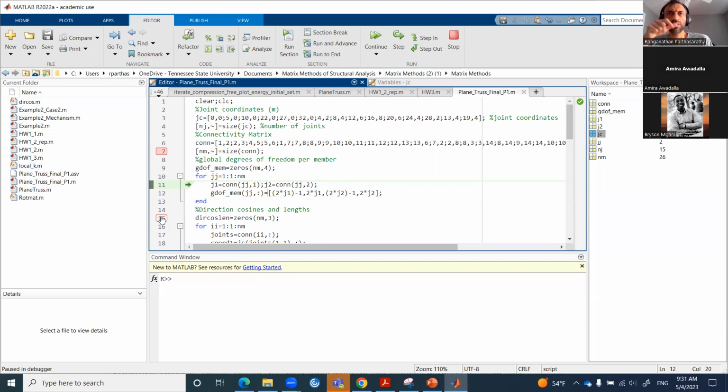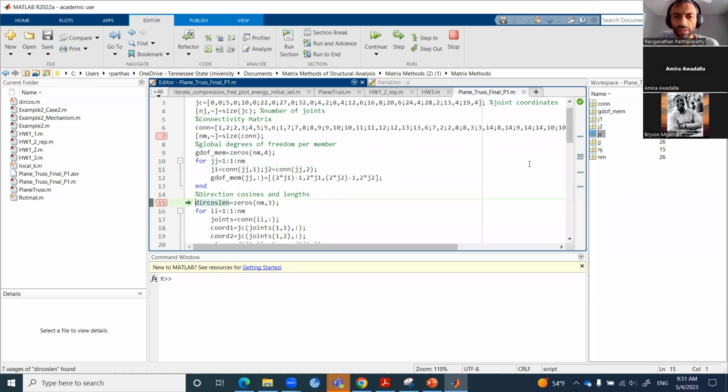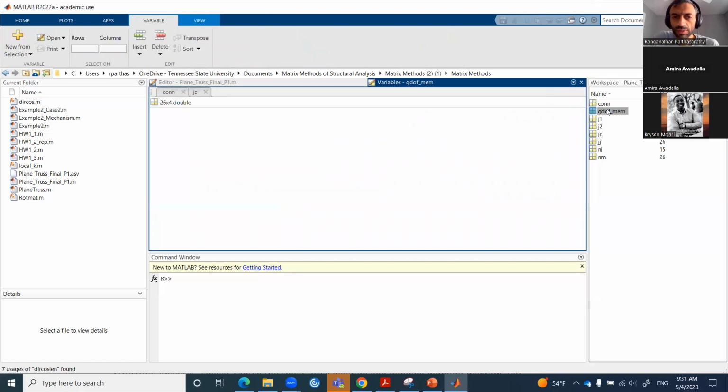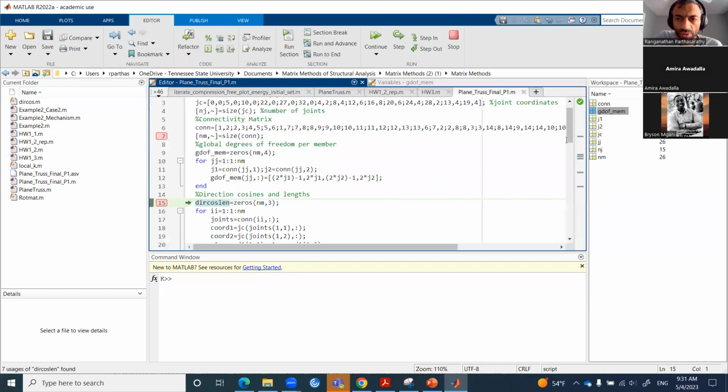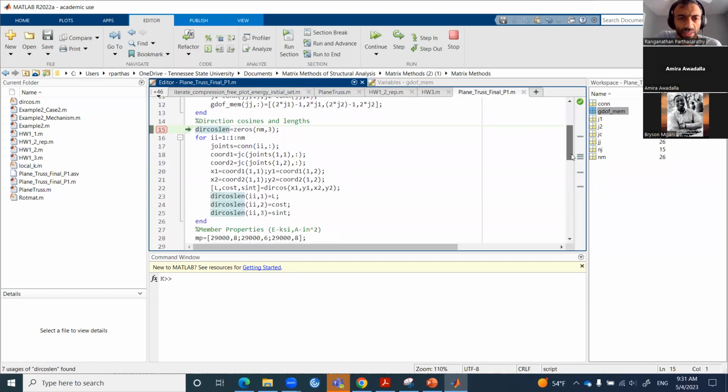Then and so on for member 2, member 3, and so on. So let's jump through that. So member 1 is 1, 2, 3, 4, member 3 is 3, 4, 5, 6. So we are doing that one. So now direction cosines and lengths.